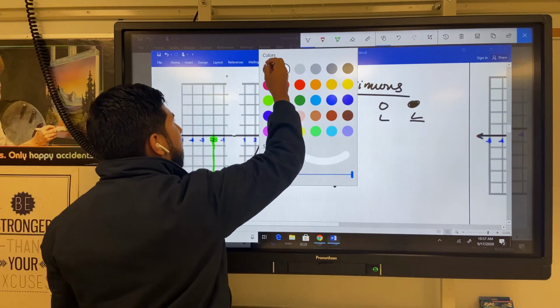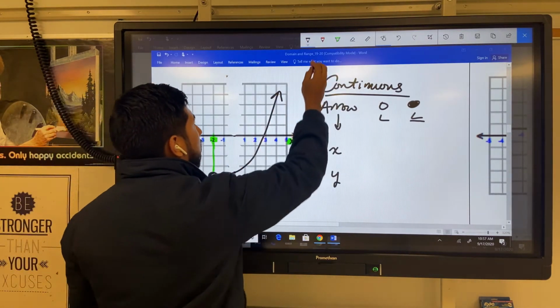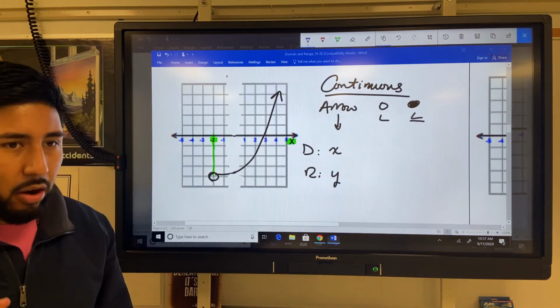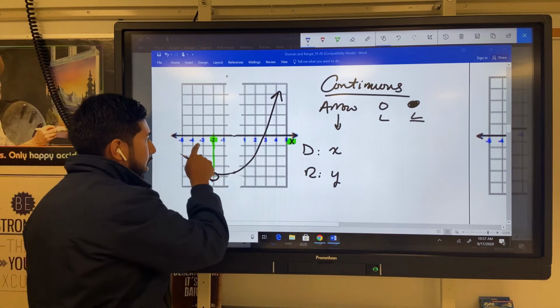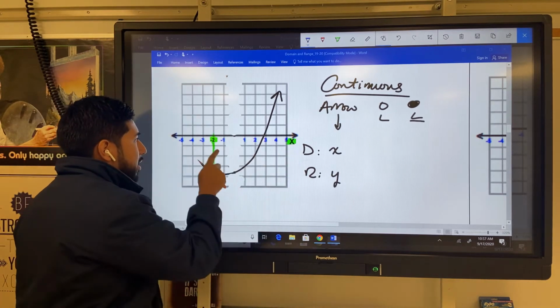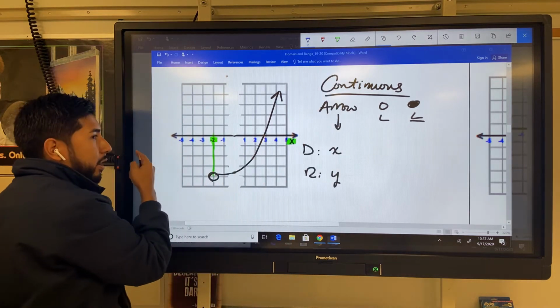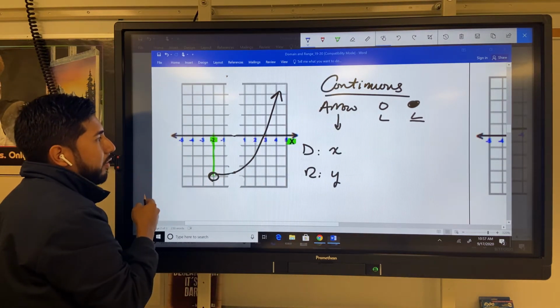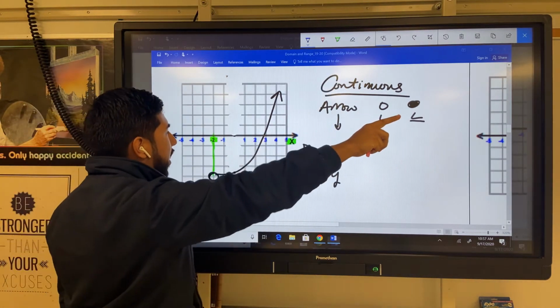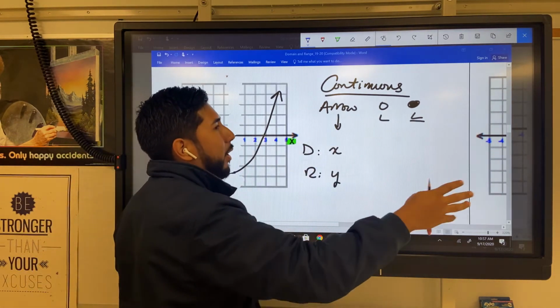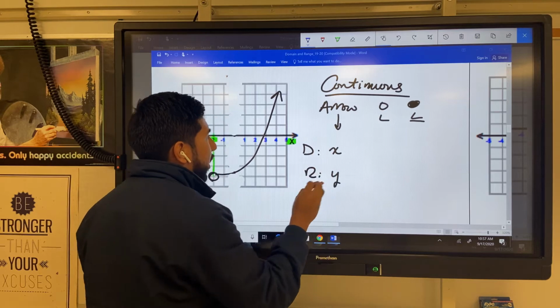Now, if I'm looking at this arrow, I know it's going up. But in reference to the x-axis, is this going to go more towards the positive or to the negative? Ask yourself that. It's going towards the positive, so that means that the numbers are getting bigger. That means it's greater than. So I have to put a greater than symbol.